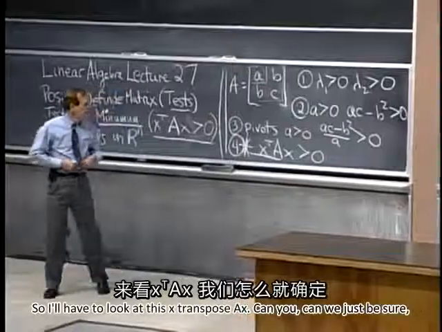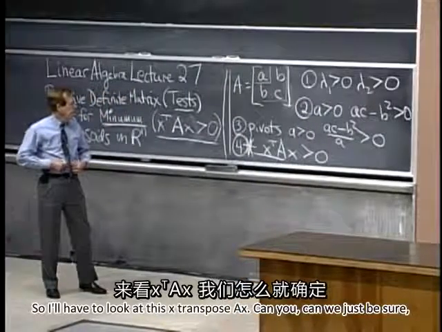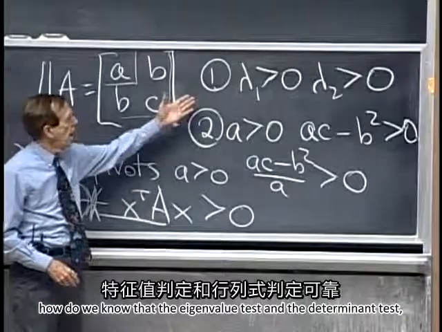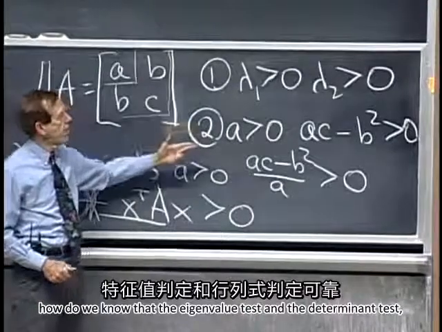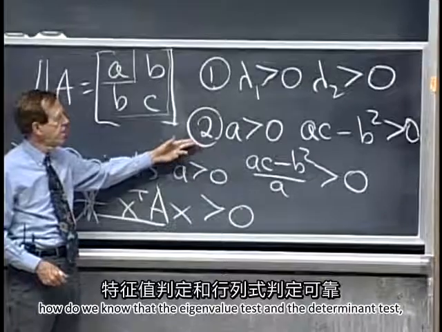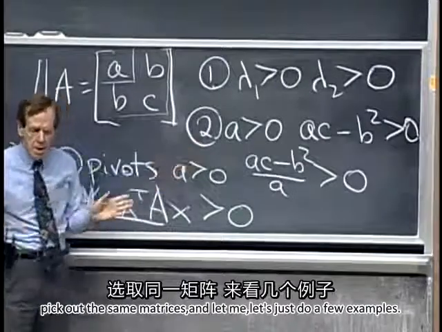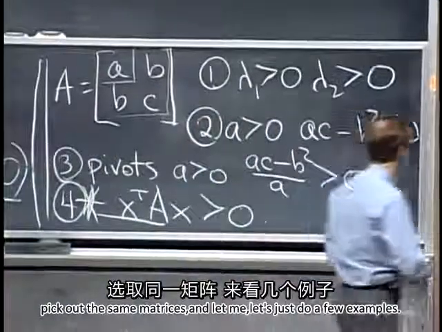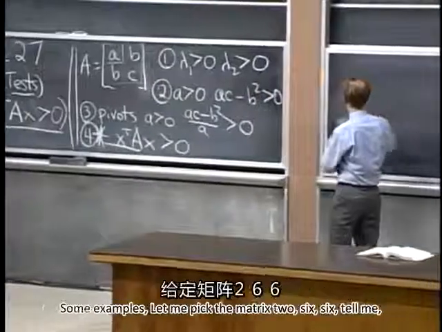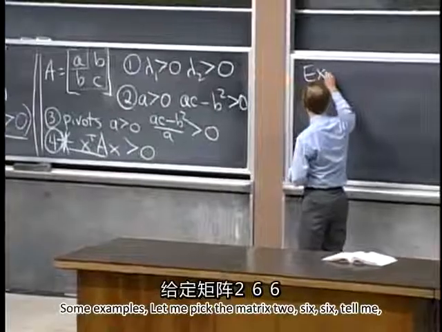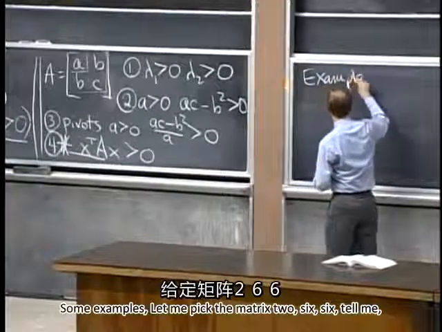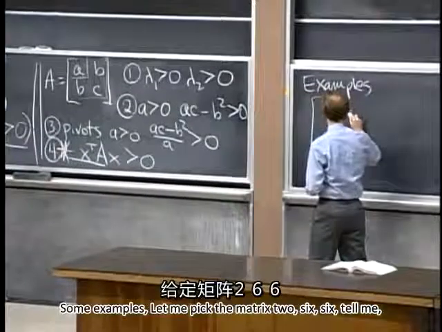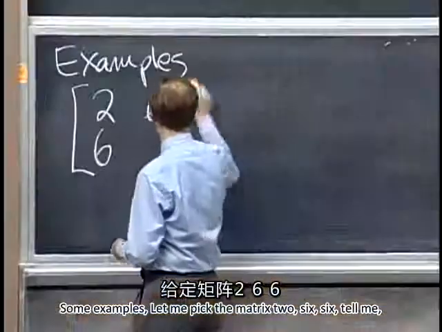How do we know that the eigenvalue test and the determinant test pick out the same matrices? Let's just do a few examples. Let me pick the matrix 2, 6, 6.